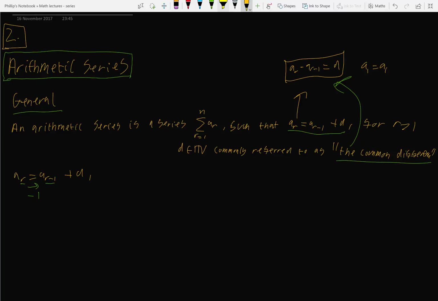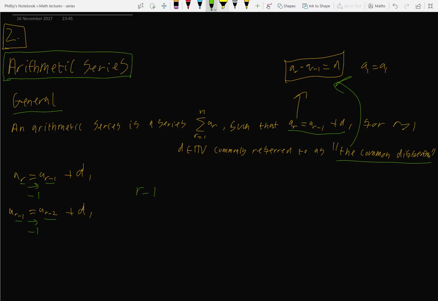That rule follows for every other term, so let's have a look. a_(r-1) is equal to a_(r-2) plus d, because for r greater than 1, this holds. So r minus 1, take away 1 gives r minus 2.